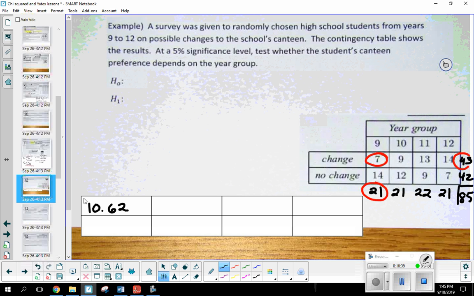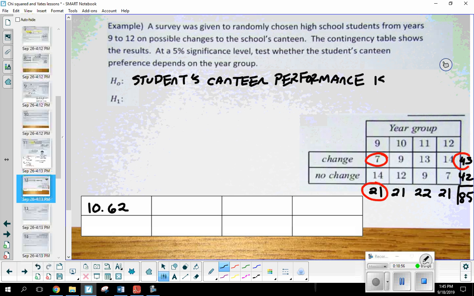Like what I said here, okay, students' canteen performance, okay, is independent, and I'm just going to abbreviate that, is independent of year group.